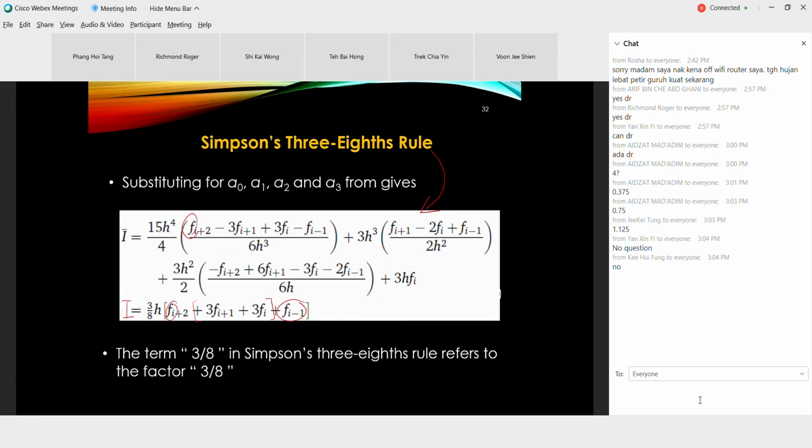After they rearrange all the equations, they will produce f(i+2) and the previous point. So the term 3/8 in Simpson is basically the 3/8 term.